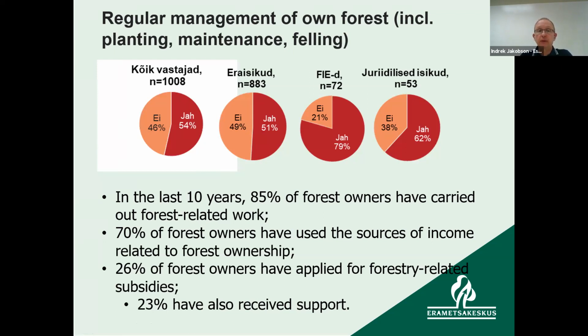But, and of course, 70% of forest owners have used the sources of income. I have a special slide about it. And again, 26% of forest owners, each fourth, has applied to forestry-related subsidies, and 3% less have received it.